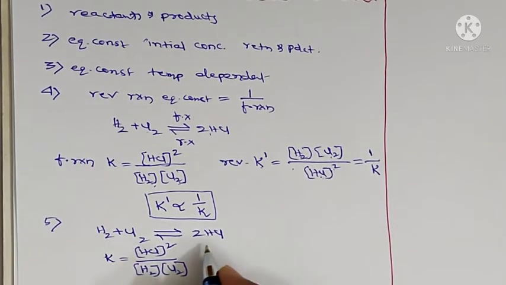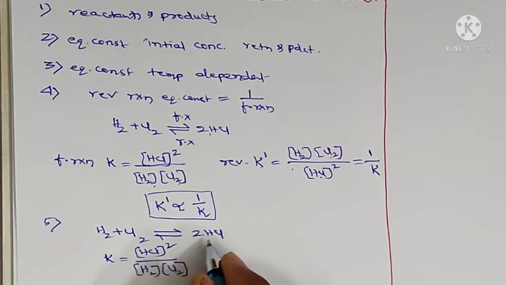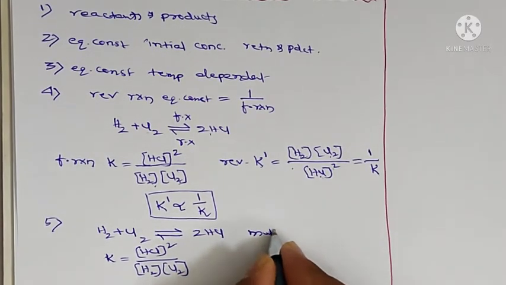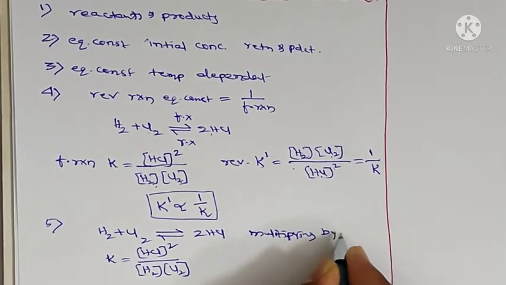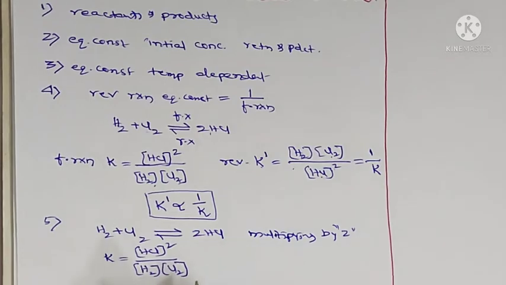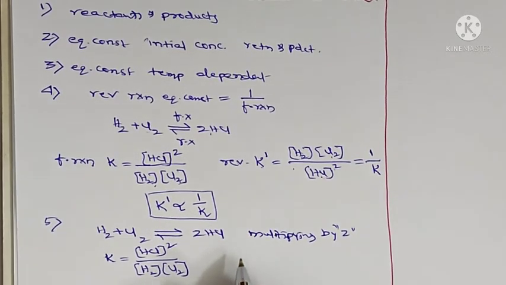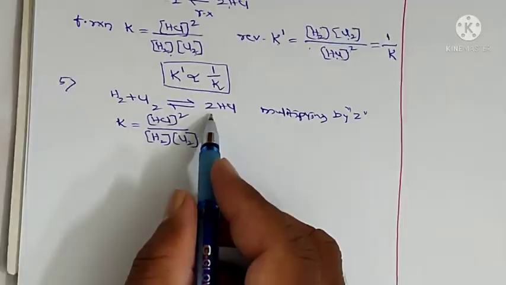Now this original equation is multiplied by 2. Then we get a new equation, and that new equation's equilibrium constant would be related to the original one.